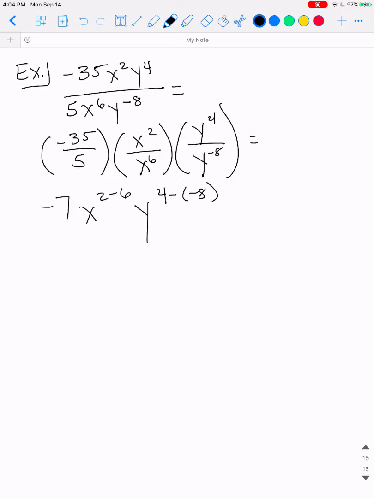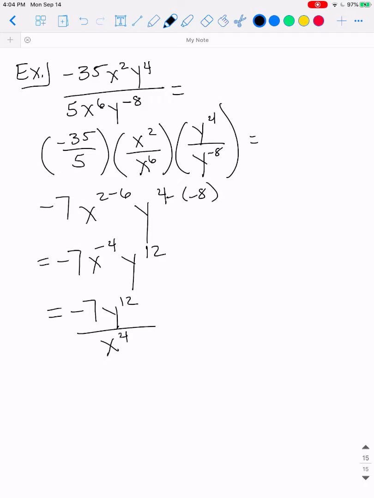We're bringing the bottom exponent up and then subtracting it. So this is -7 x to the -4, and then y to the 12. I'll go ahead and erase this so you guys don't get confused if you're looking back. And then to simplify it, we could go ahead and move the x to the bottom to become a positive exponent.